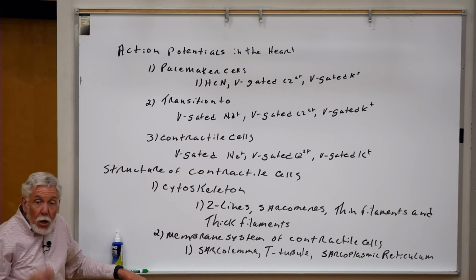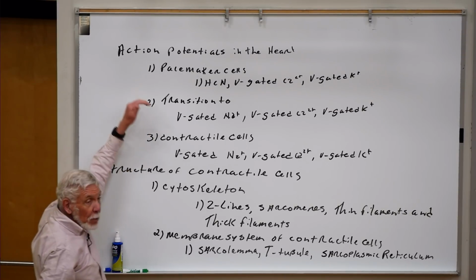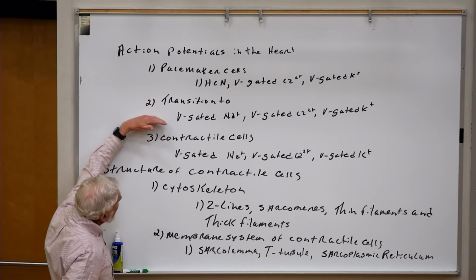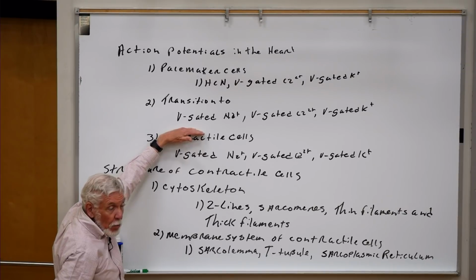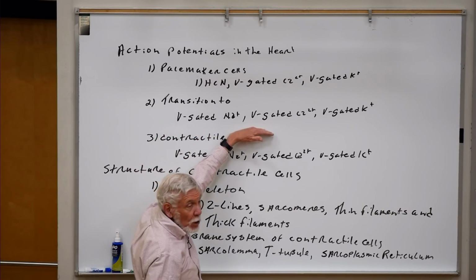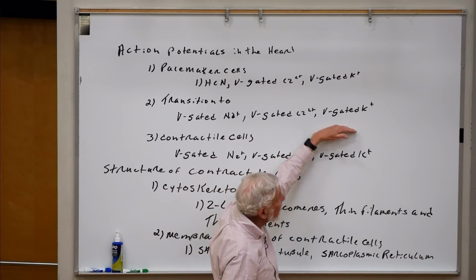The voltage-gated sodium channels now will be brought to threshold by the action potentials, these pacemaker action potentials in neighboring pacemaker cells, neighboring conductal cells. The voltage-gated sodium channels now bring on a rapid depolarization, just as we saw in neurons. That opens voltage-gated calcium channels, and then followed by voltage-gated potassium channels.